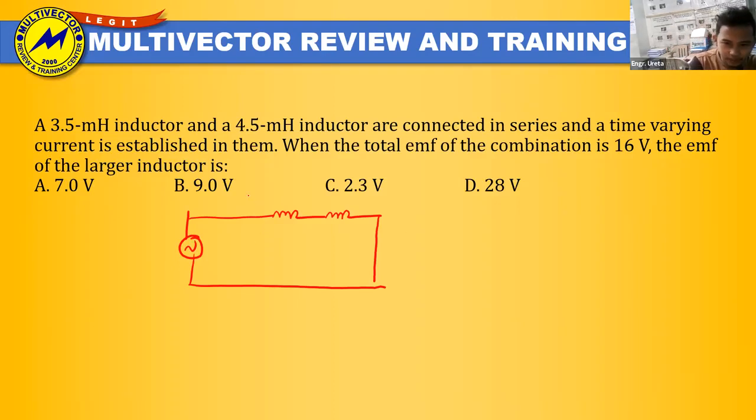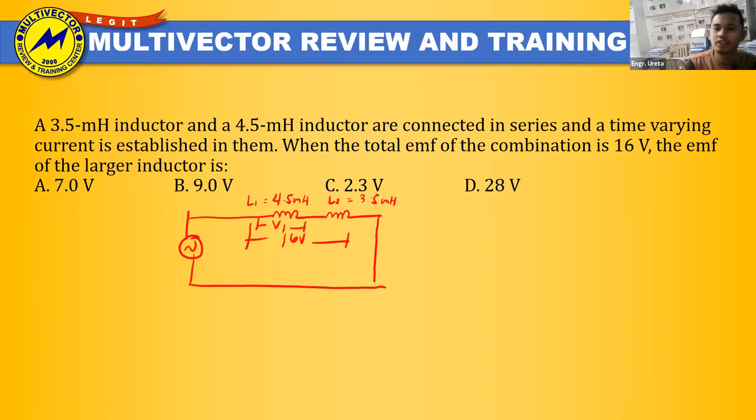L1 is 4.5 millihenry and L2 is 3.5 millihenry. If the total EMF is 16 volts, we are looking for the voltage across the larger inductor, which is V1.